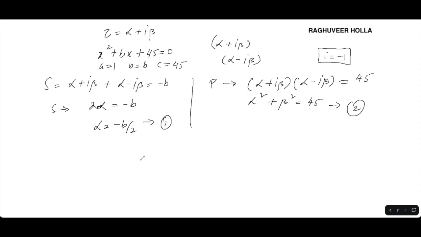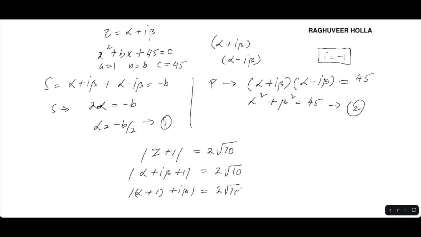Now, in the given problem, mod of z plus 1 is equal to 2 root 10. Okay. So z is alpha plus i beta plus 1 is equal to 2 root 10. So bring on the real terms, alpha plus 1 plus i beta is equal to 2 root 10.